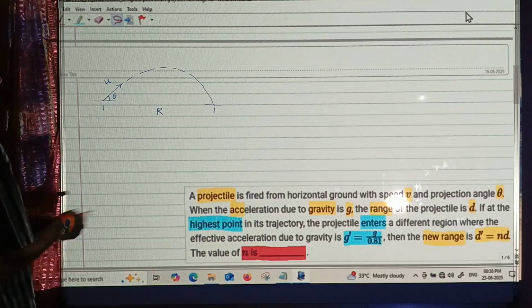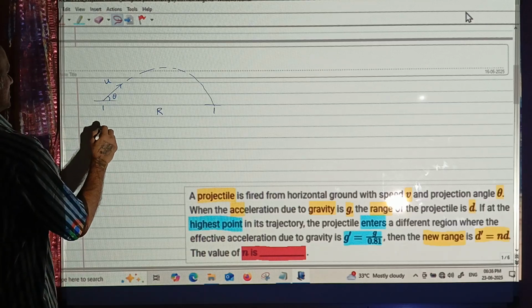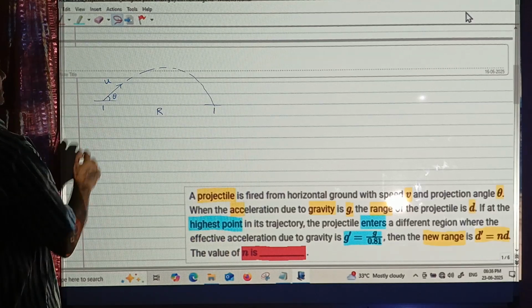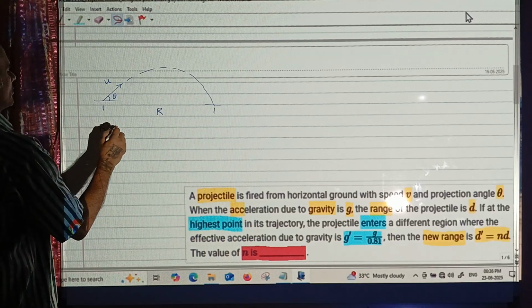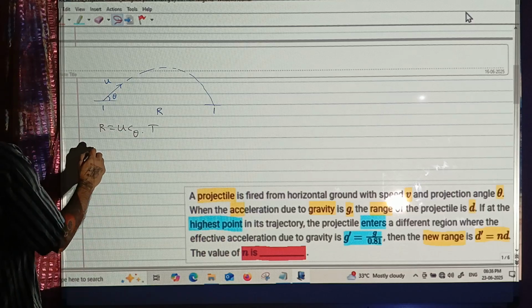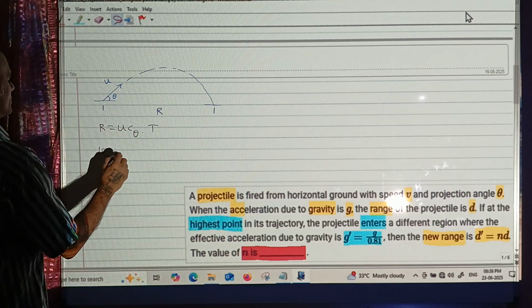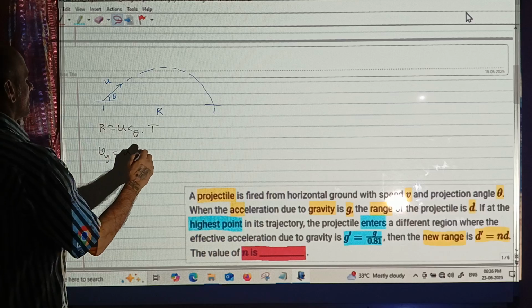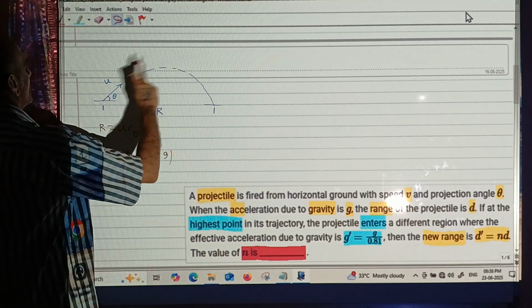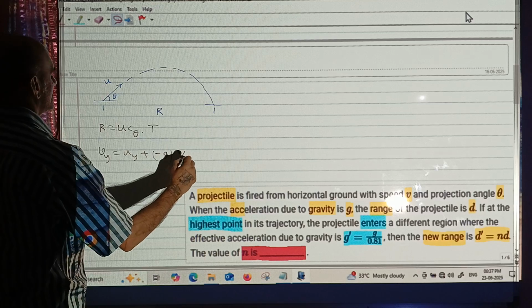If you remember the formula, you can straight away use it, or you can do this quickly. Range is u cos theta into the flight time, and the time of flight you can get from the vertical motion: Vy equal to Uy plus acceleration, which is minus g, in the time it takes to go to the maximum height point, t by 2.